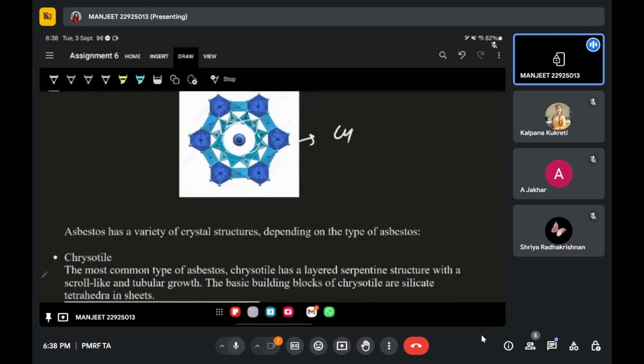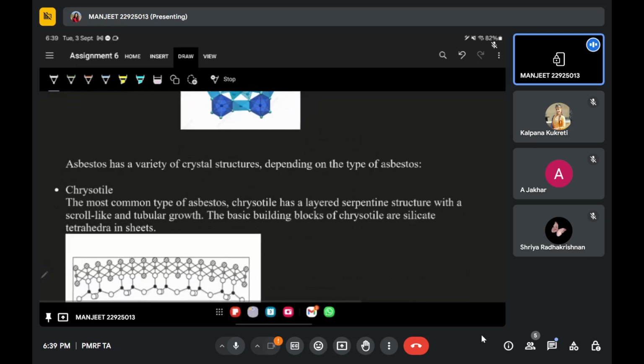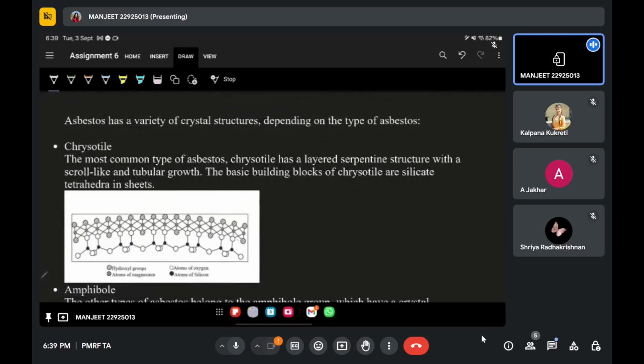Next is the asbestos. Asbestos has different crystal structures, depending upon which kind they are having. One is the chrysotile, that is the most common asbestos. They are having the layer structure. From here you can see this is the layer structure.